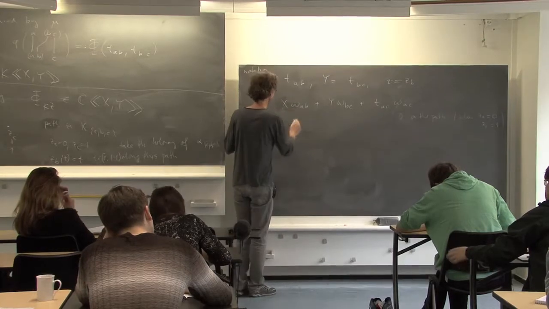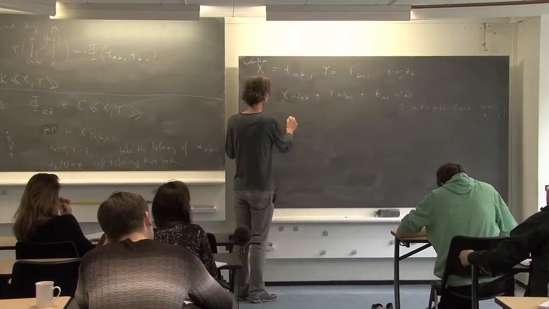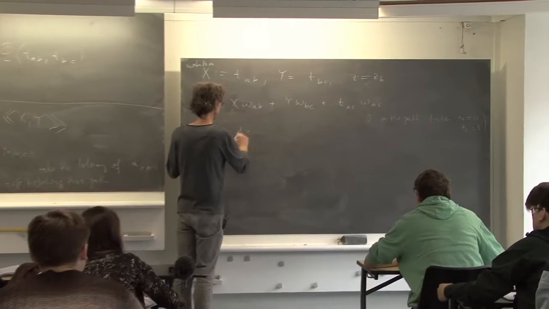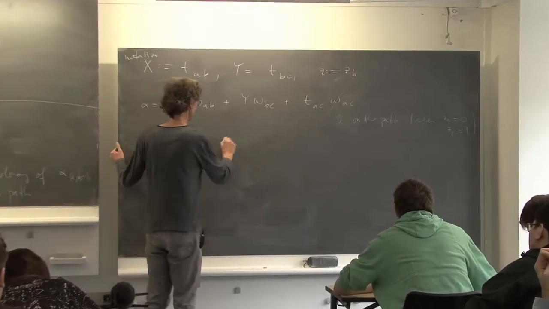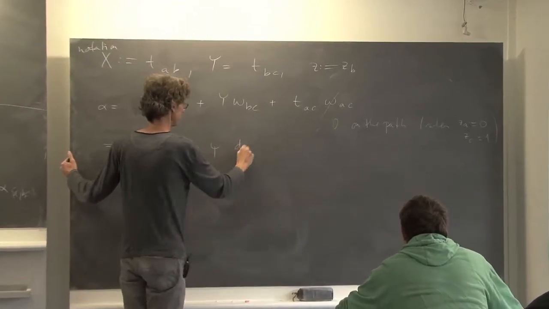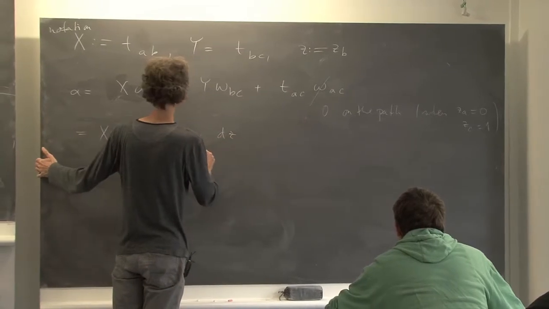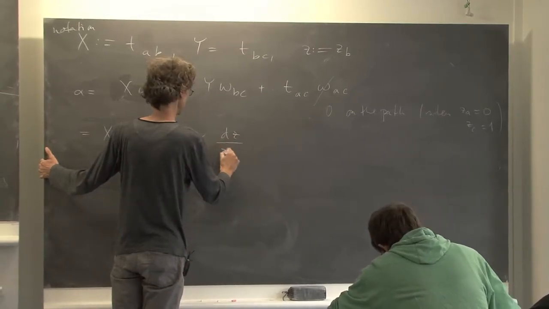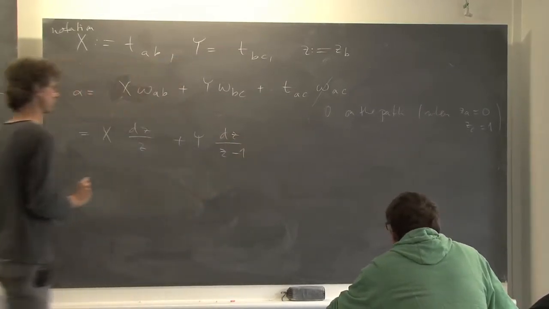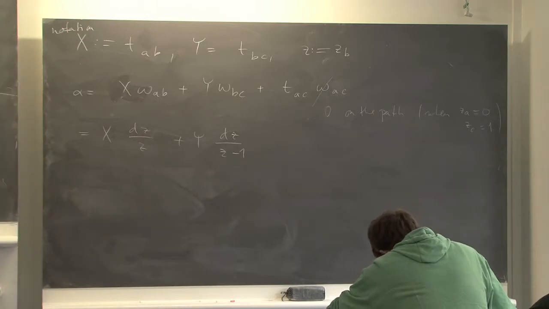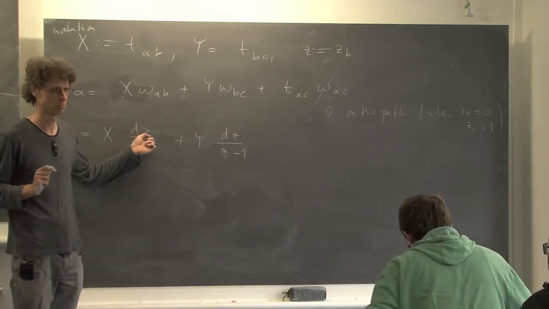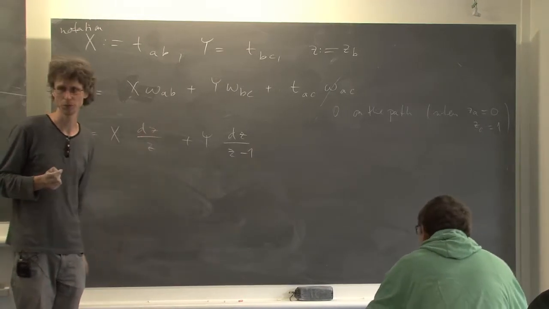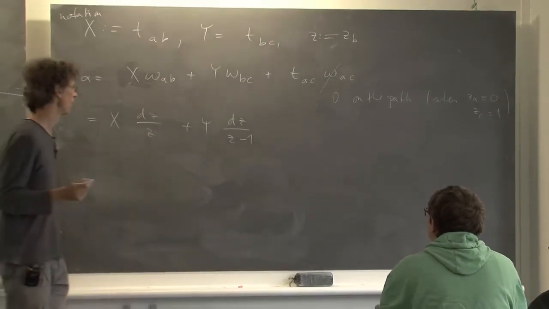And so it is equal to X times dz over z plus Y times dz over z minus 1. Now it's just one form in one variable, so it looks somewhat nicer.